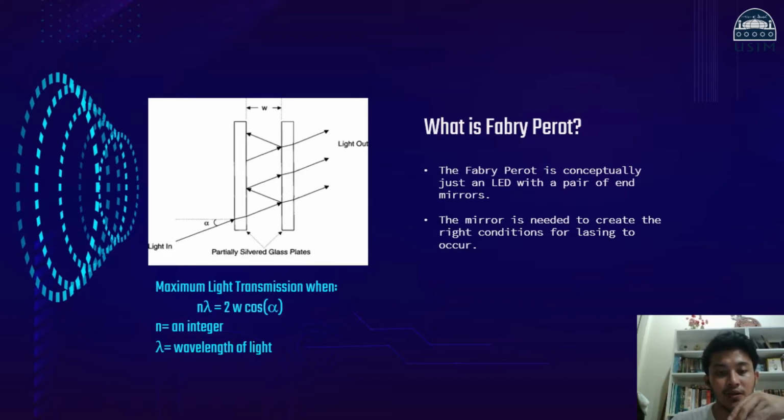Then light will be out, and then the maximum light transmission can be calculated when n, which is integer, times the wavelength of light, is equal to 2 omega cos alpha.